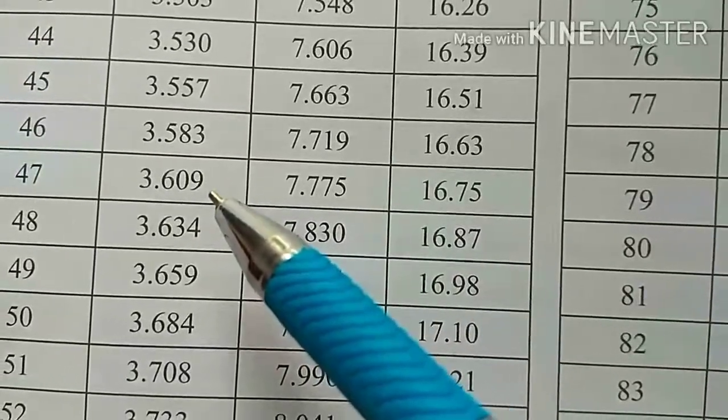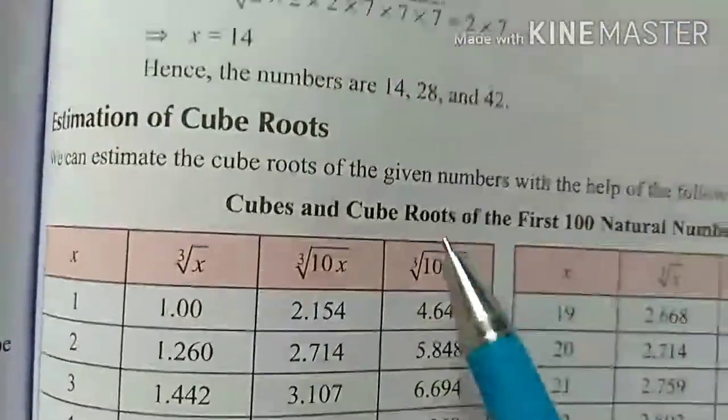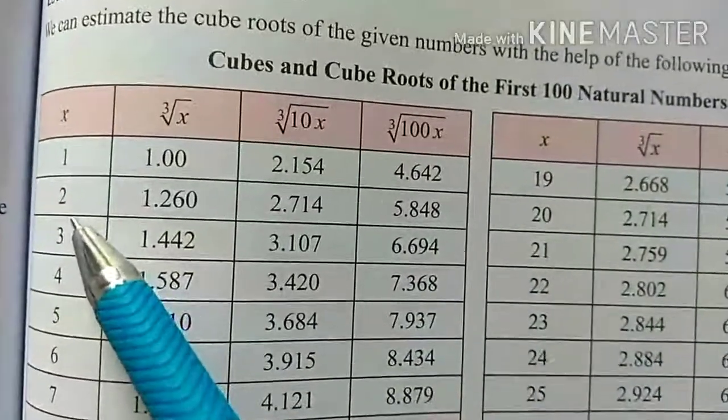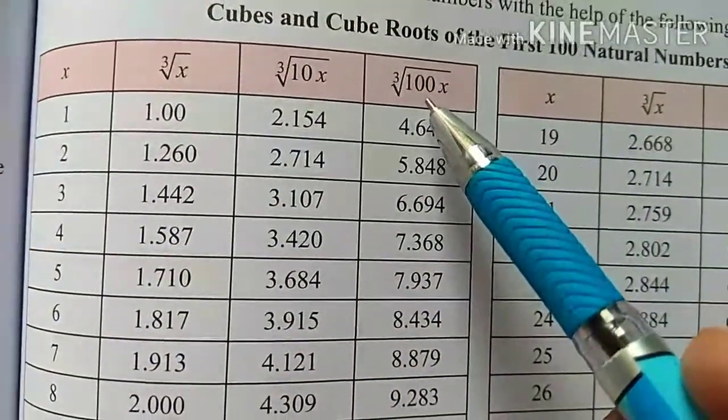The second one is 200. Okay, so look here, on the first page, what is written? 200 is given here. The value of 2, and if the value of 2 is here, in 200 it becomes 200.